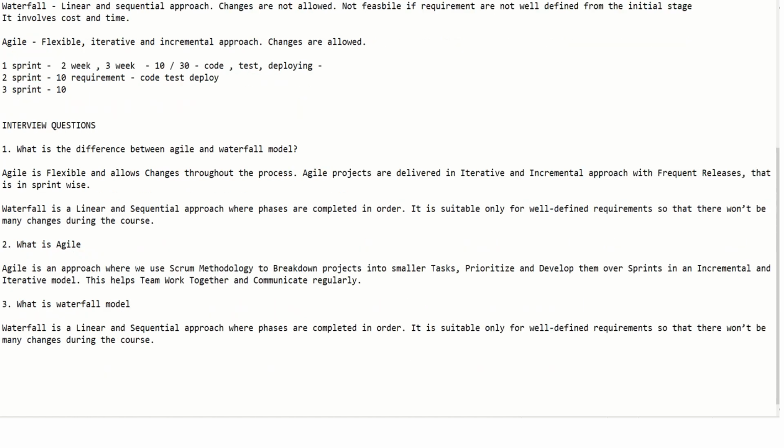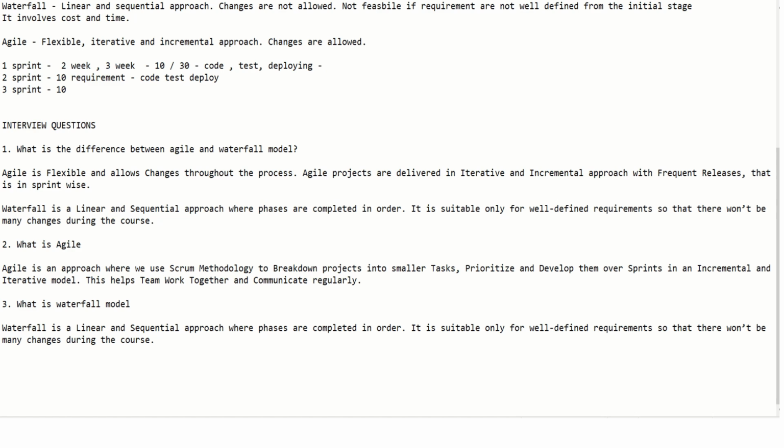And if suppose you need to just answer what is agile, then this way you can answer: agile is an approach where we use Scrum methodology to break down projects into smaller tasks, prioritize and develop them over sprints in an incremental and iterative model. This helps team to work together and communicate regularly.